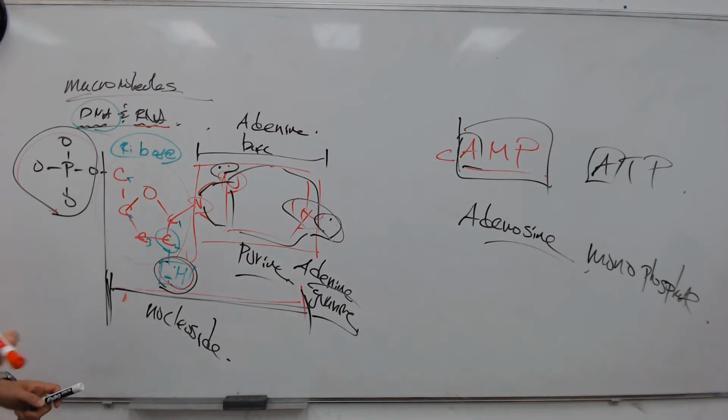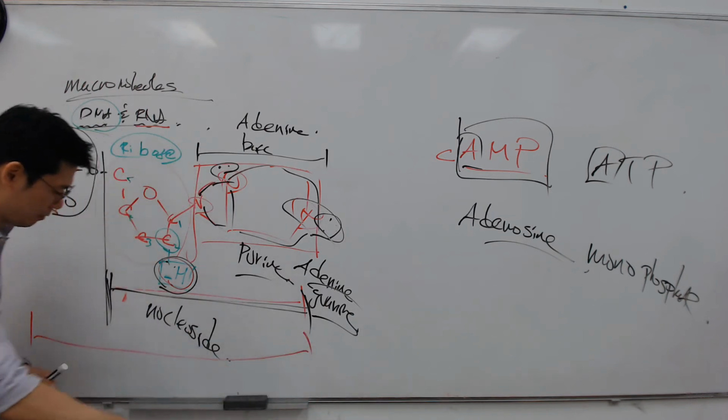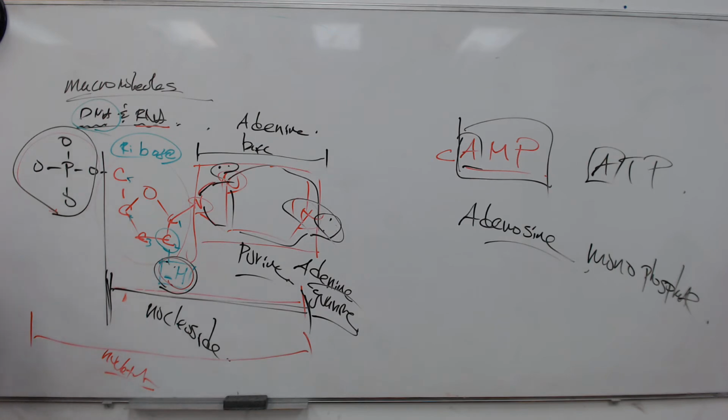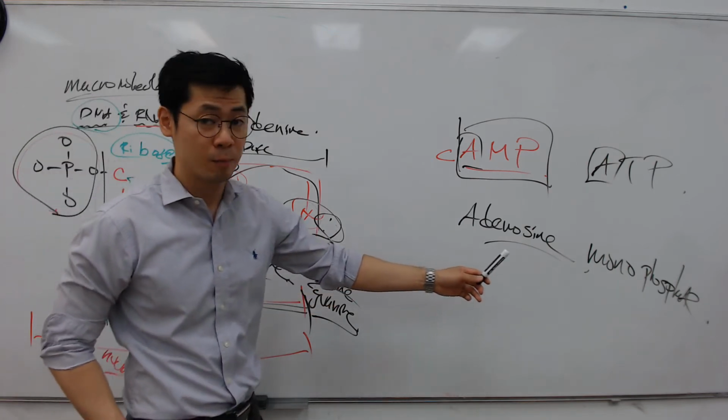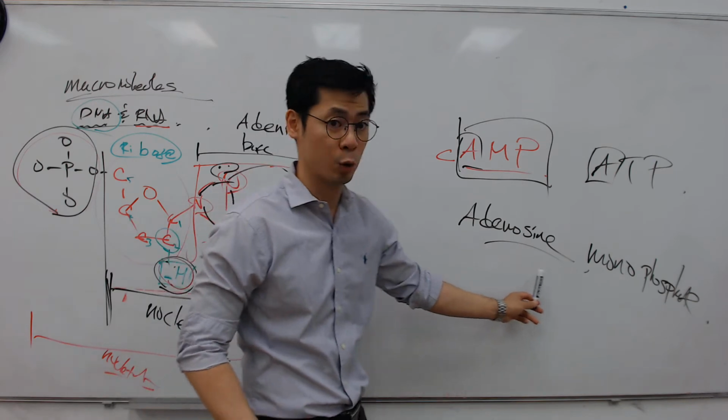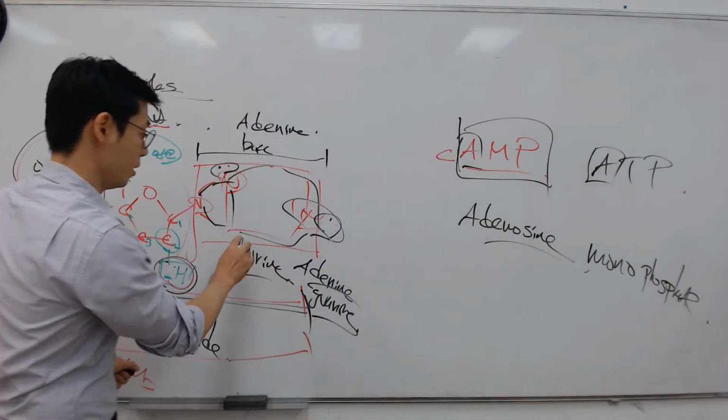So now, the term nucleotide is a very generic term. It could be adenosine monophosphate, which is a nucleotide, and also it could be guanosine monophosphate, which is a guanine.